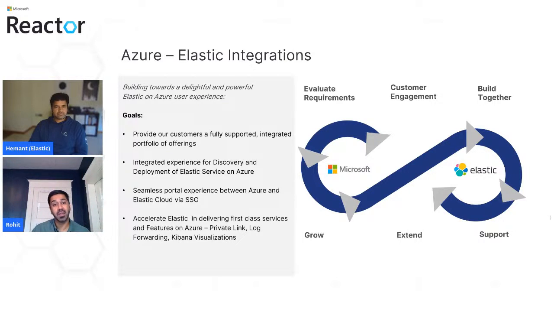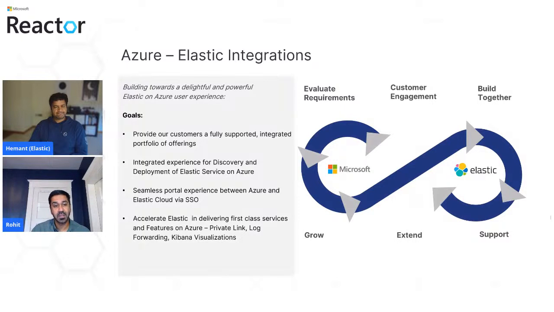And finally, coming to another top ask from our customers is around security and how do you enable secure connectivity between a customer's virtual network and Elastic's VNet. This is now achieved via a private link integration that allows for the seamless communication between the two virtual networks with the traffic never leaving the Azure's backbone.